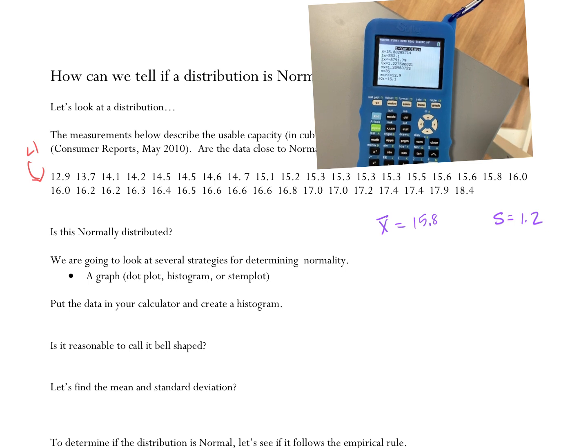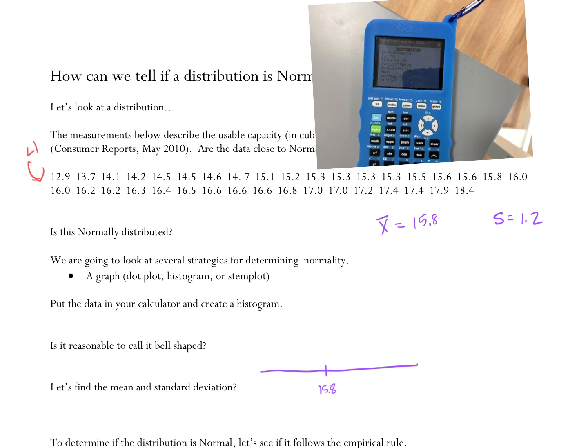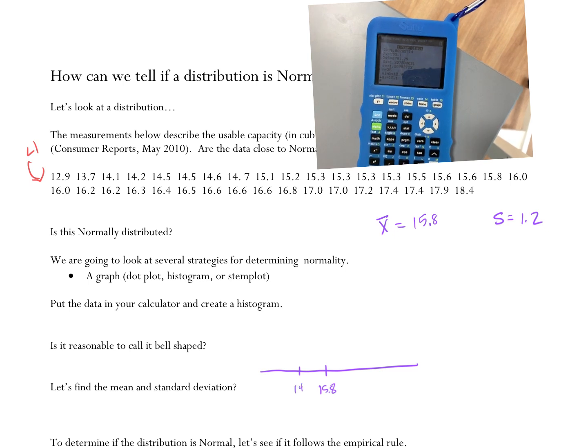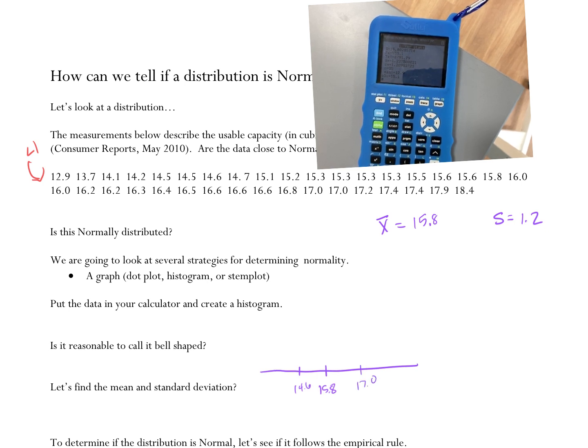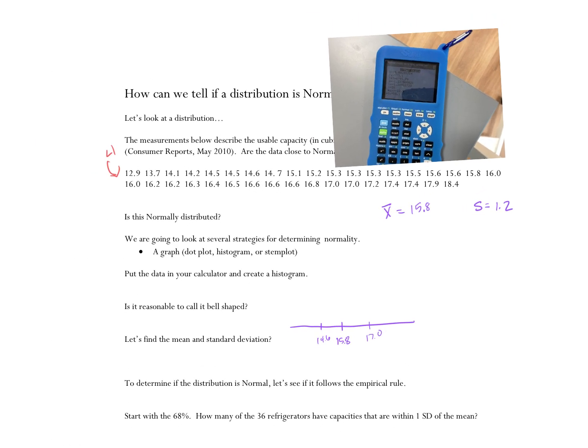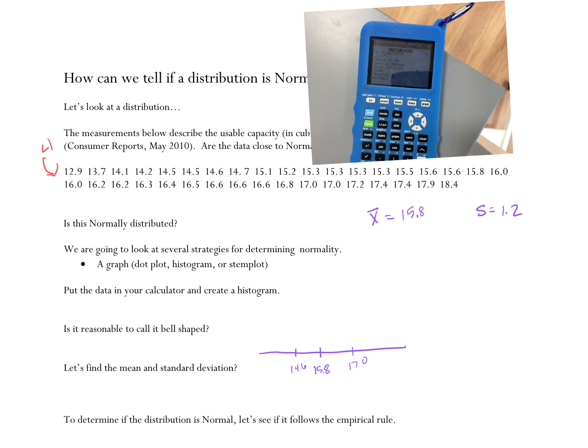If I were to start building my x-axis, I would make this 15.8, and then I would count by my standard deviation. This would be 14.6, and this would be 17.0, right? Is everybody with me? And what should be true here? They're equal distances apart from the mean.